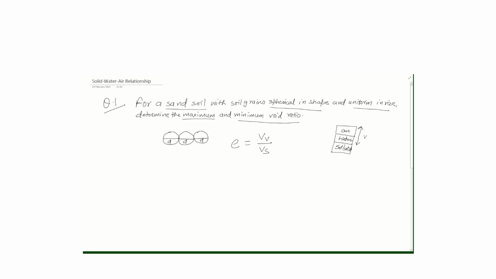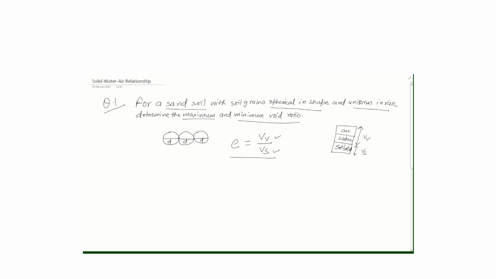This is known as the volume of voids, and the space occupied by the soil solid is the volume of solid. So this is Vs. So void ratio is defined as volume of voids divided by volume of solid. Okay. So we have to calculate the volume of voids and the volume of solid.